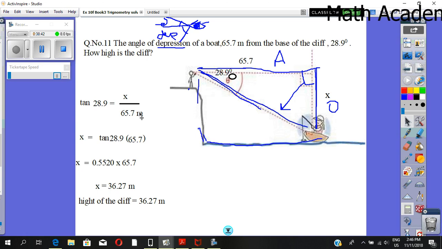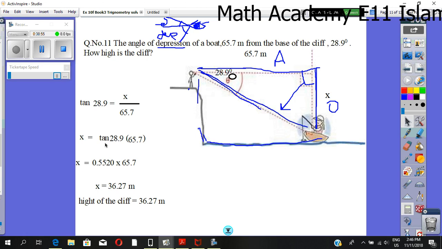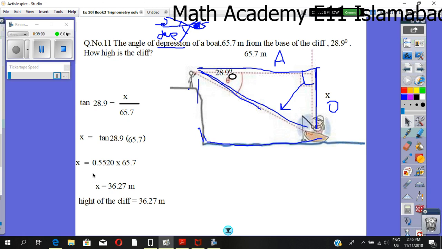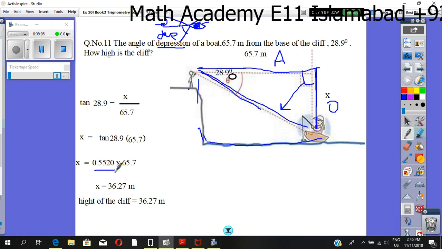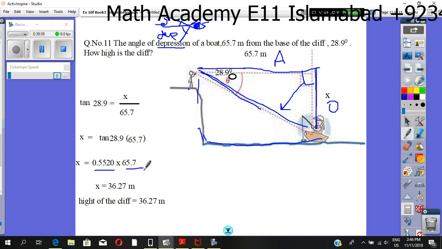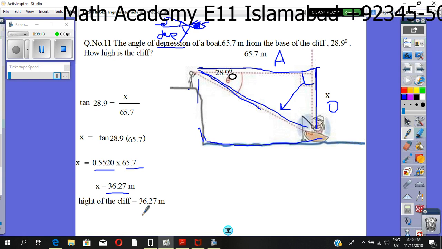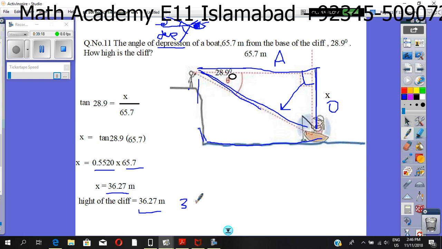Now share the units over here. With the help of cross multiplication, we get tan 28.9 times 65.7, and tan 28.9 gives us the value 0.5520, rounded to 4 decimal places, and then times 65.7 gives us 36.27. The height of the cliff is 36.27, or you can round it to 36.3.